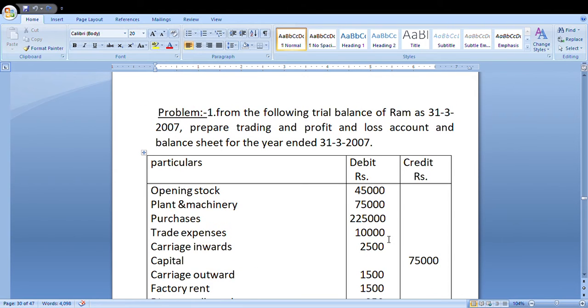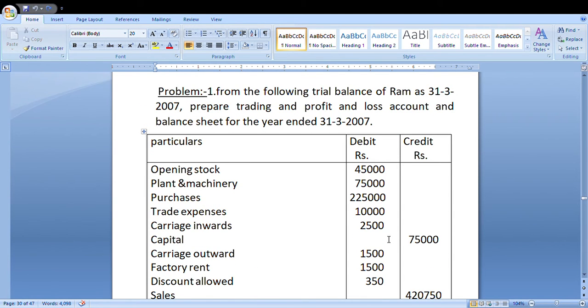In this balance sheet, the items remaining, not entered in the trading account or profit and loss account, all enter the balance sheet. Only liabilities and assets. Any item that is a liability enters the liability side.